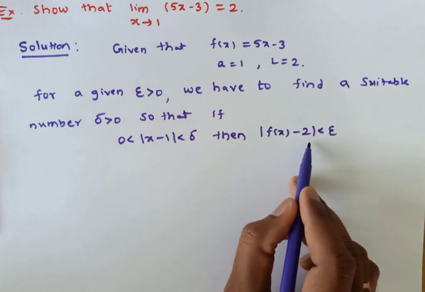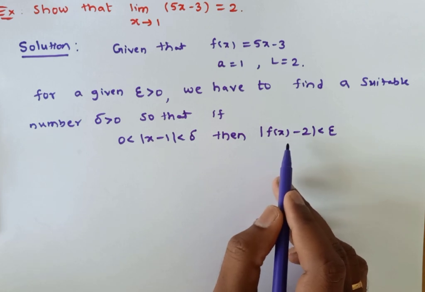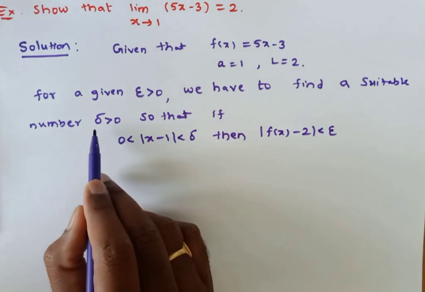So a is 1 and L is 2. Already we know f of x. So here we need to find this delta.